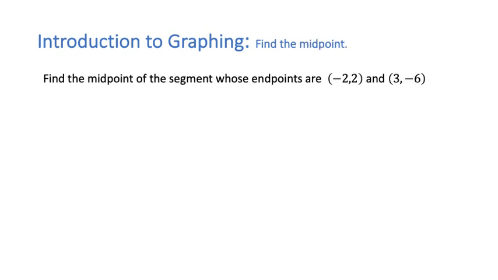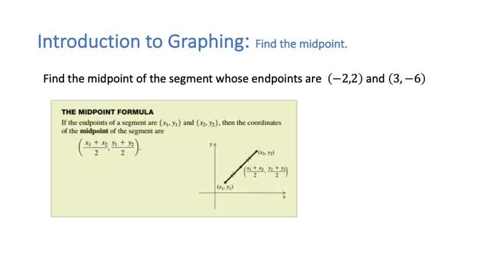So now we're going to take those same 2 points and find the midpoint of the segment. The formula for midpoint also requires you to take the x values and the y values of those 2 points. But this time we're going to add the x values and divide by 2 and add the y's and divide by 2.